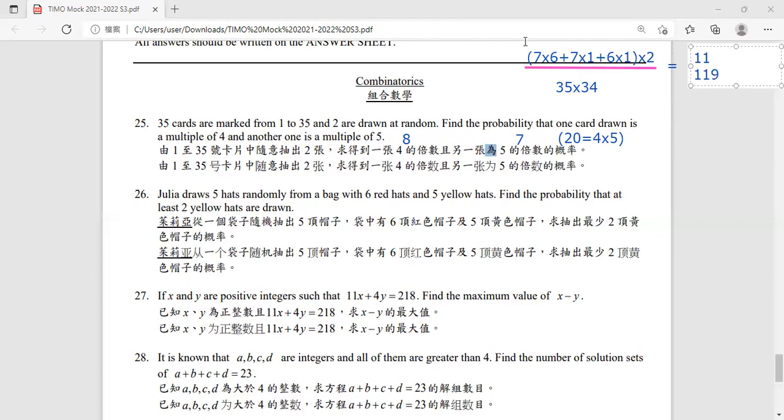Yes, 11 over 9. Any questions for this one?